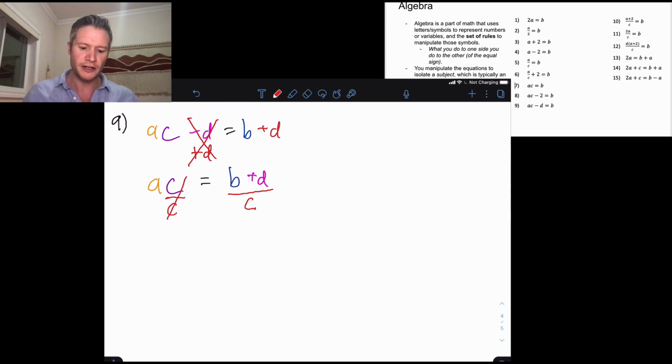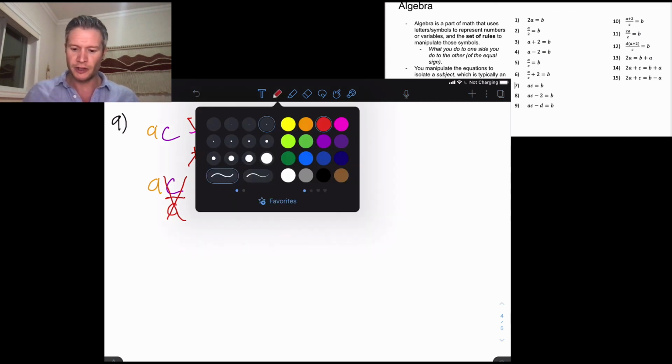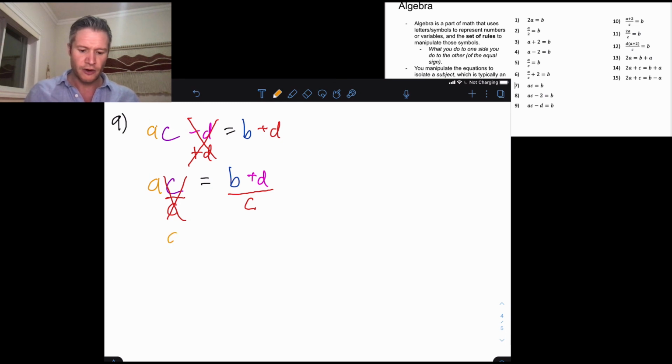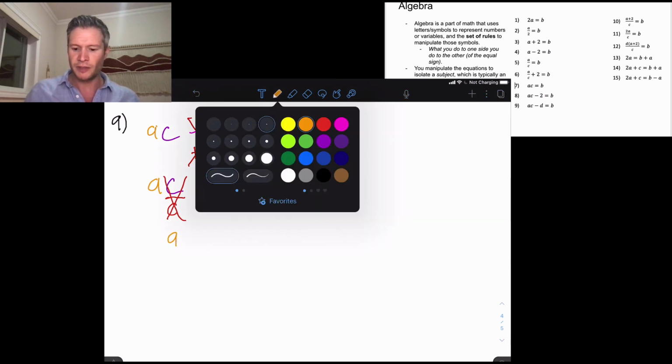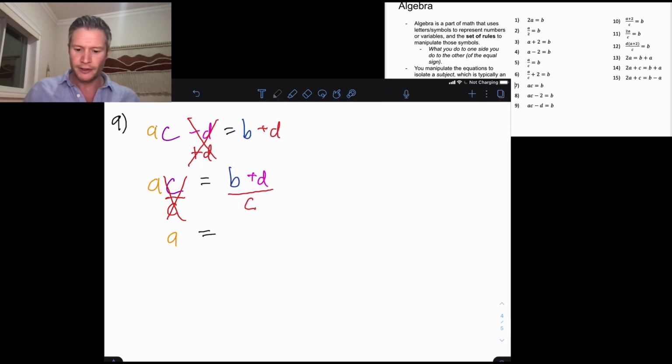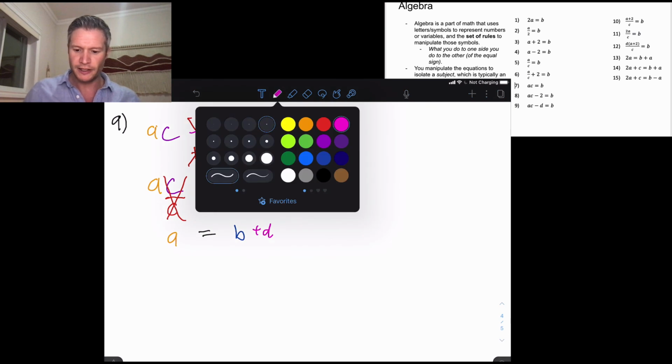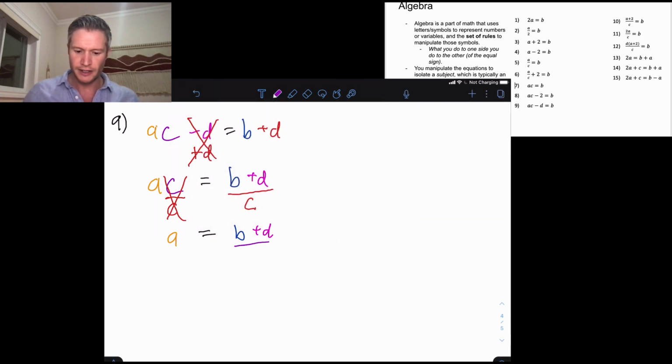From here, C over C, as we spoke about before, is just 1, because they're multiplying, so we can get rid of it. But on this side, we can't. So when we collect our terms, our final answer, even though this was a big two-stepper, is B plus D, divided by C. And that's it.